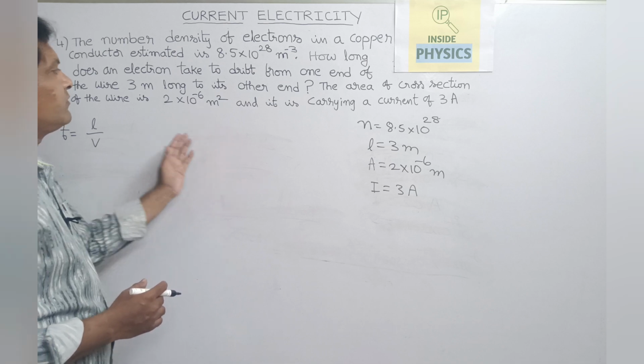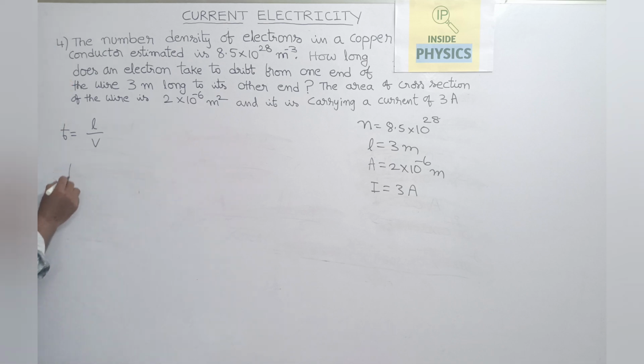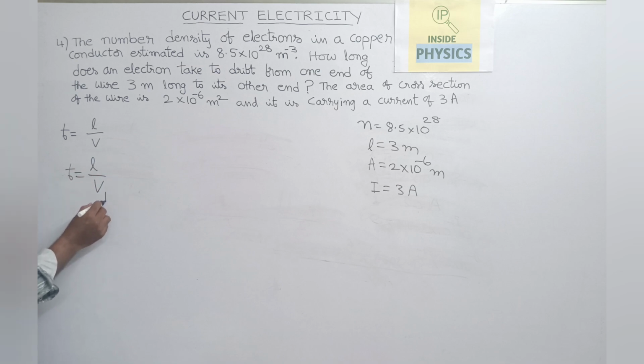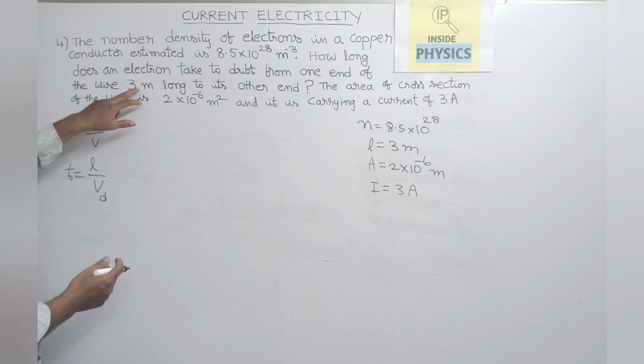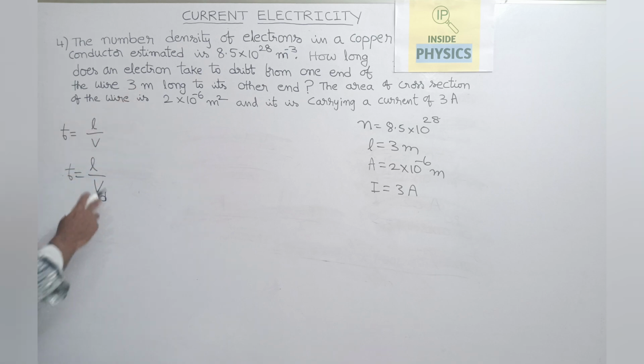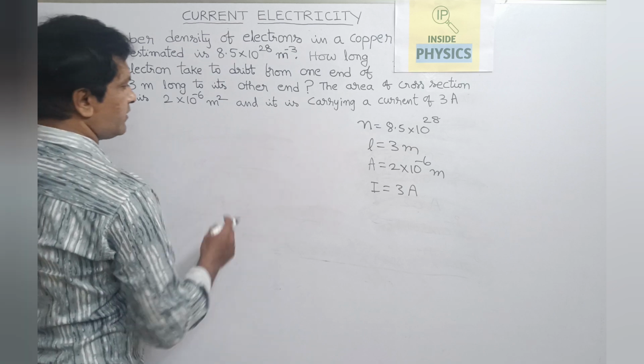On an average, it will move with a velocity called drift velocity. So we can write this formula to calculate the time taken as distance traveled by drift velocity. What is the distance traveled from one end to the other end of the conductor? The conductor length is 3 meters. So L is equal to 3 meters.